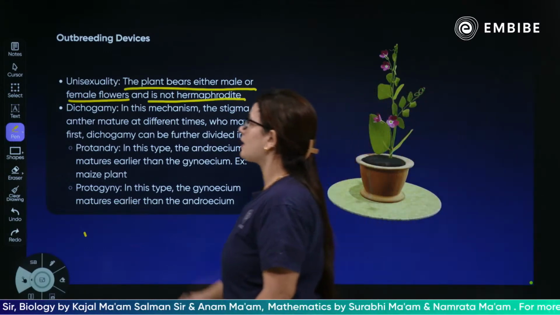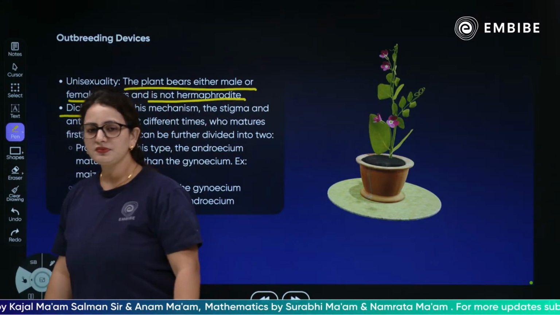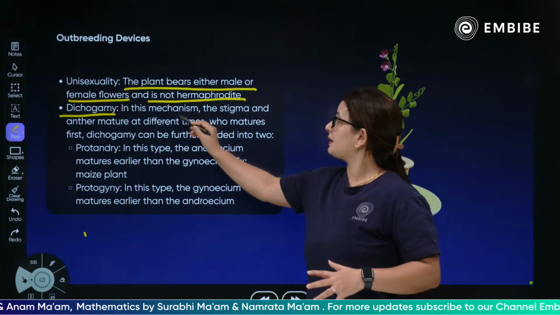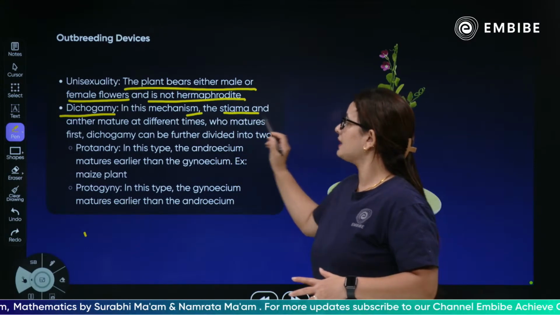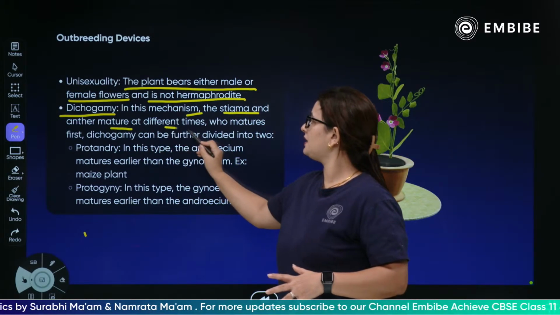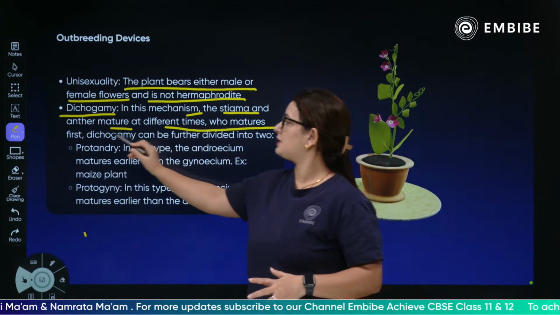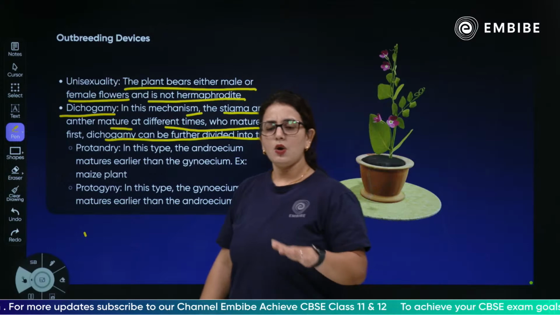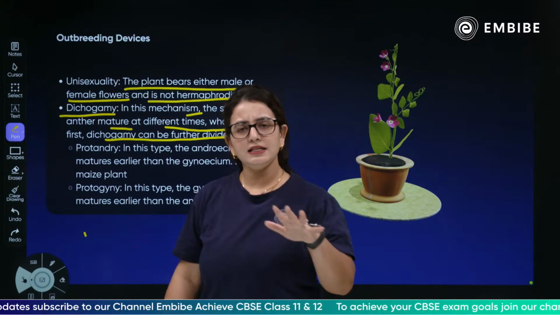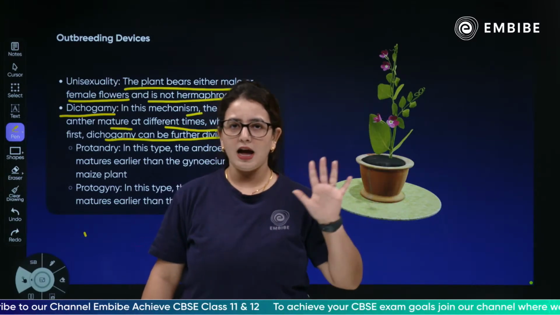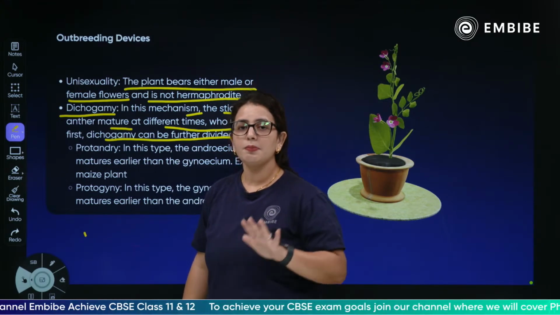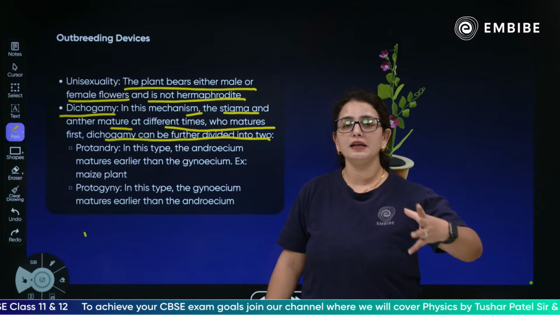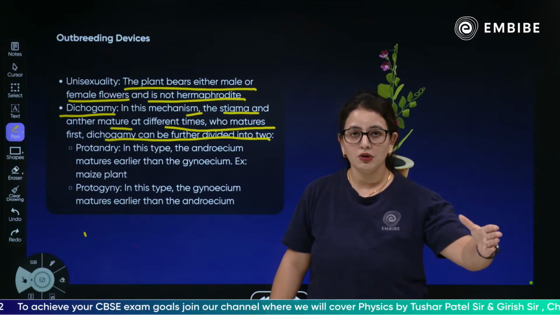Next, dichogamy. What is dichogamy? Listen carefully, children. In this mechanism, the stigma and anther mature at different times. Dichogamy can be further divided into two. We can have anther and stigma on the same plant, a bisexual plant, but the plant itself tries to avoid self-pollination. How?